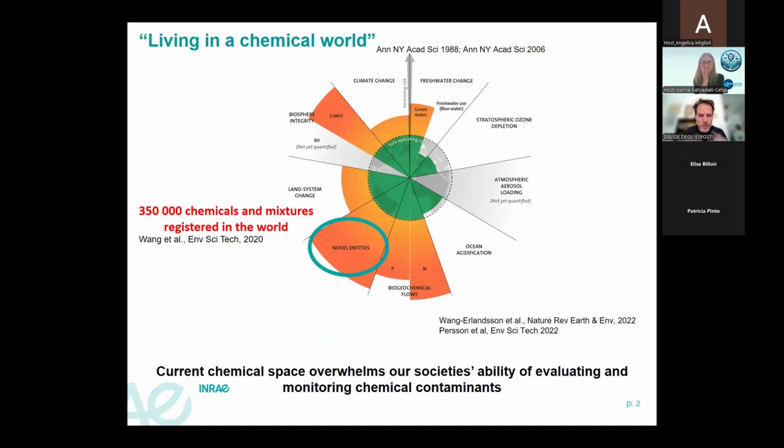I will not talk again about the fact that we live in a chemical world, because I would state the obvious after the presentations that we had in these 2 days.